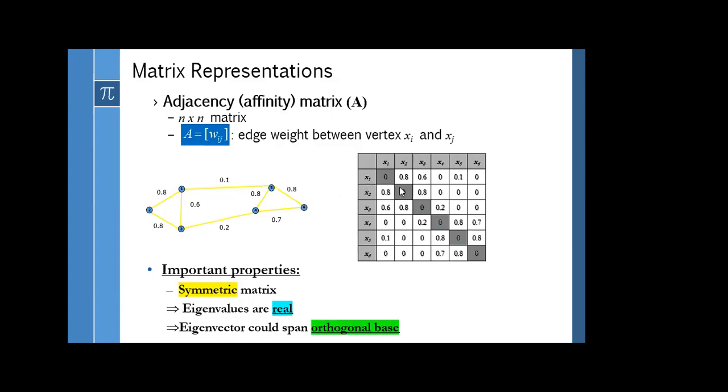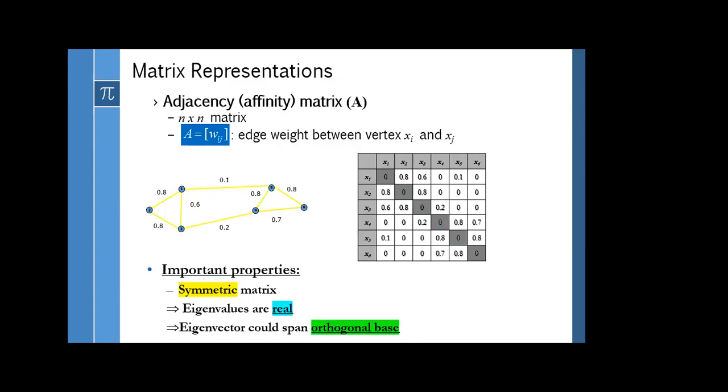So my graph is simple. There are no self loops. Weights on the major diagonal are 0. Out of the major diagonal, I have my weights. So I have a symmetric matrix. I have eigenvalues, which are real, because the matrix is symmetric. All values are non-negative. And the eigenvectors form an orthonormal basis.